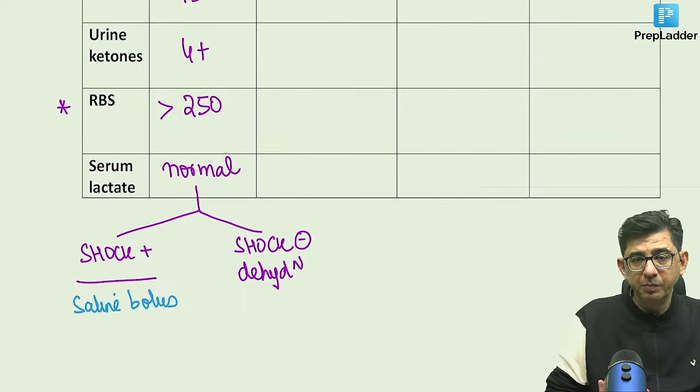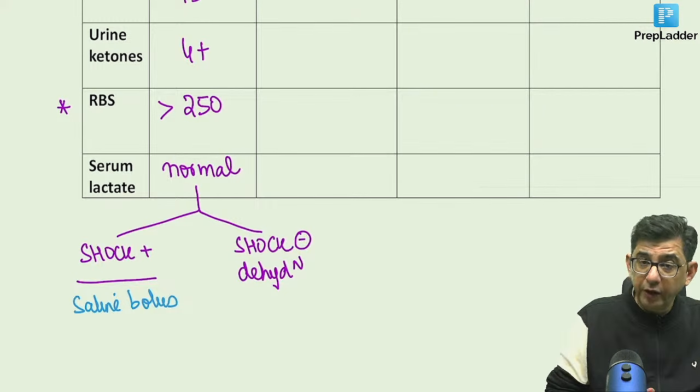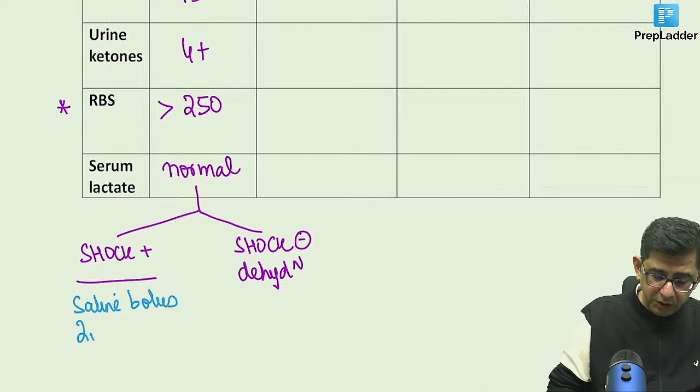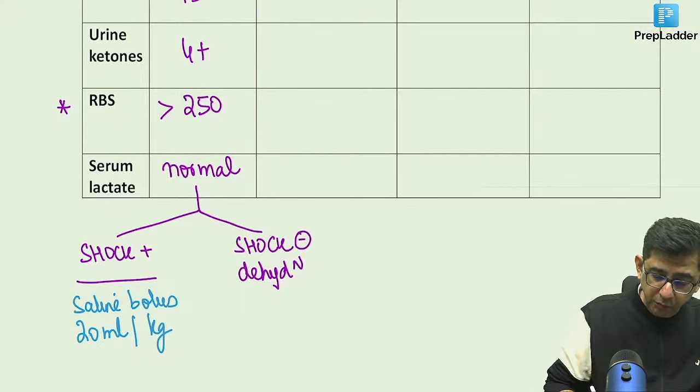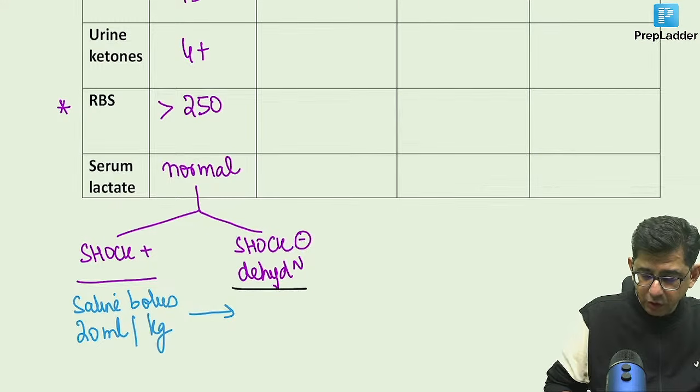If the pulses are thready, then it is a saline bolus at 20 ml per kg till the pulses come back in the patient. And then you will move on to the same treatment only, that once the shock of the patient has been treated, then you will be giving a saline drip to this patient.